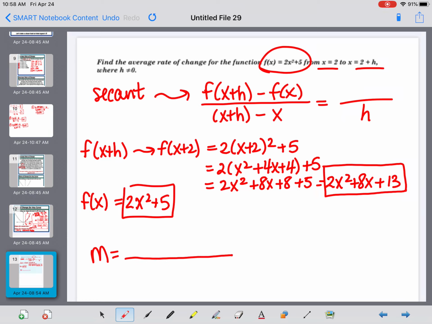Okay, so we're going to set this all up. So we're finding the slope. That's what the average rate of change is, so we use m. So f of x plus h, that was 2x squared plus 8x plus 13. Okay, and we are subtracting from it our f of x, which is 2x plus 5. But you want to make sure that you use parentheses.